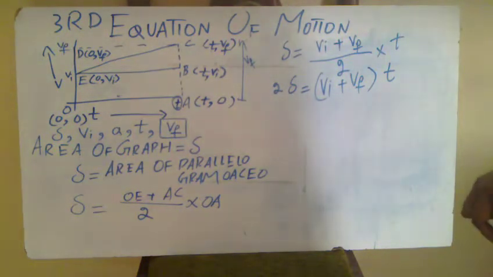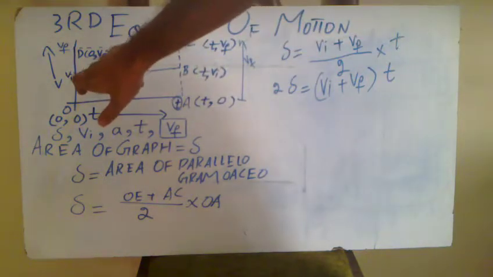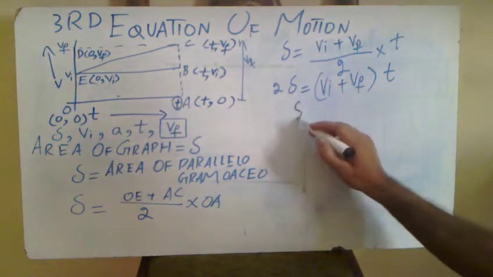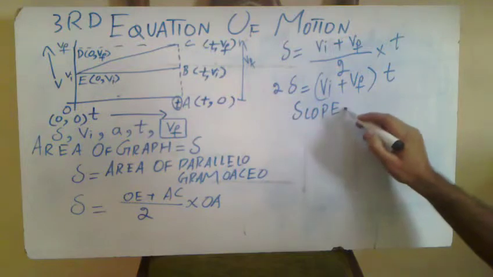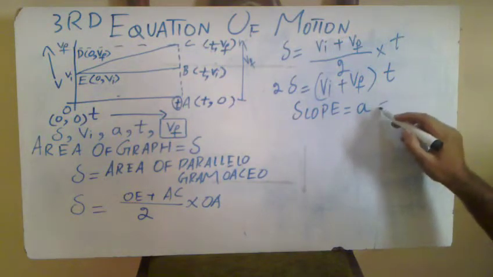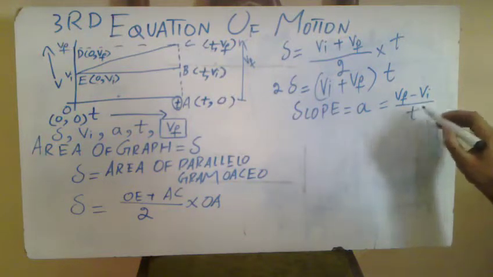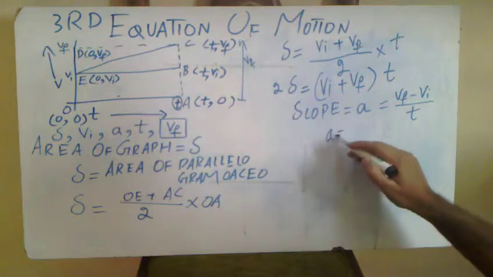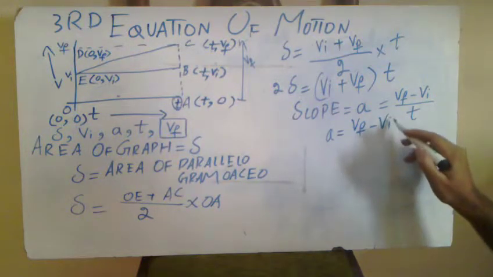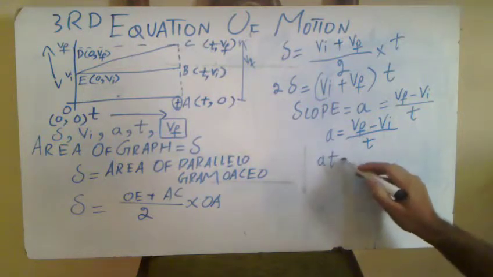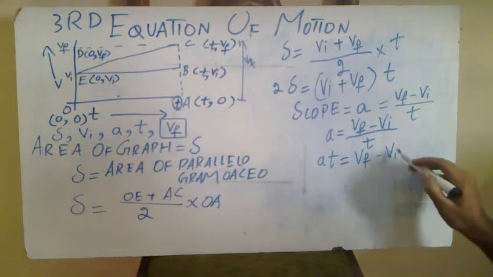So what we are going to do is consider the slope again, and as you know there is no slope for E to B, so again we are going to consider the slope from E to C. So slope will give us acceleration, equals, as in our first equation, Vf minus Vi by T. So A equals Vf minus Vi divided by T. T is dividing here, it will go here, and we will get AT is equal to Vf minus Vi.